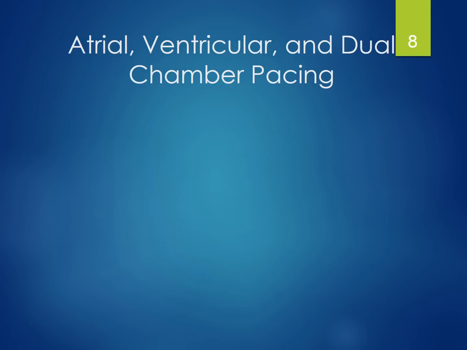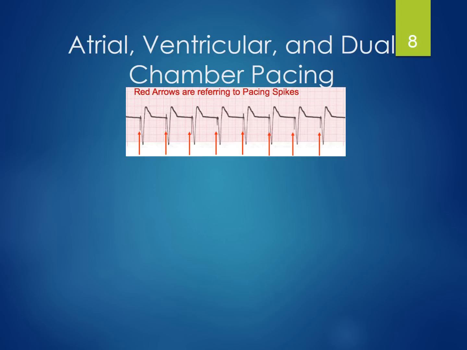And what does this actually look like? Well, those zaps are actually called pacer spikes, and a pacer spike is often just a vertical line. Remember, the vertical axis on our EKG strip is voltage. The vertical line represents a little bit of voltage coming from the pacemaker, and it's typically given very efficiently, so it will often just look like a little line or even a very tight, very narrow V.